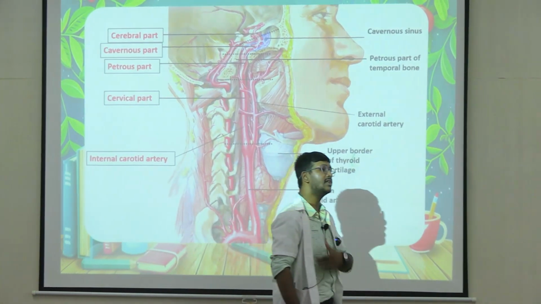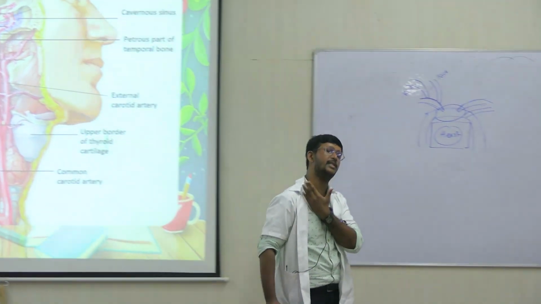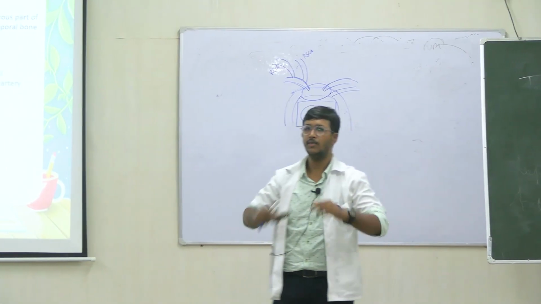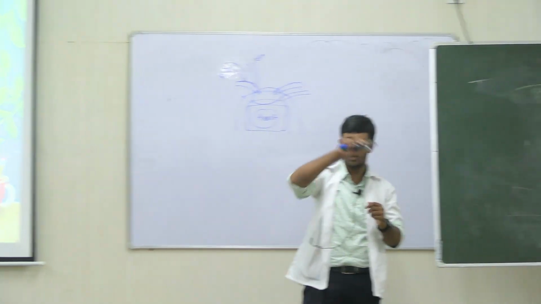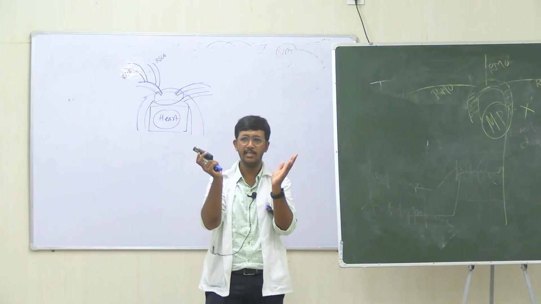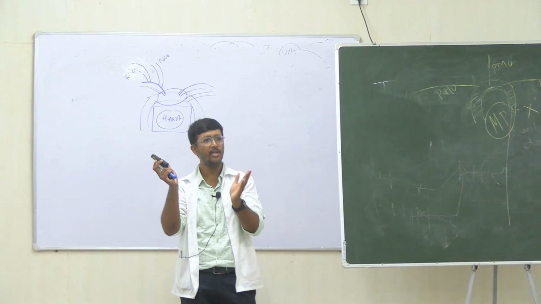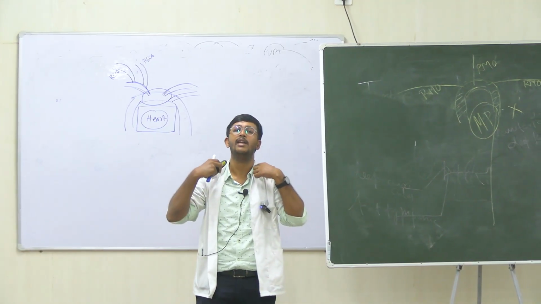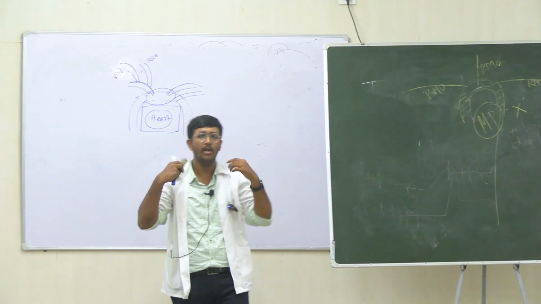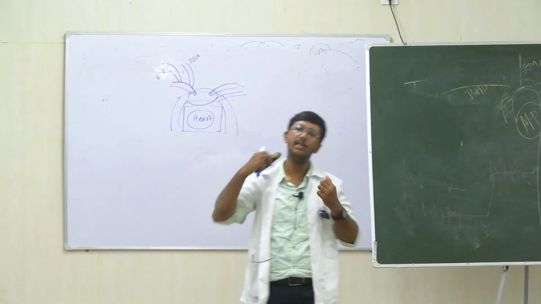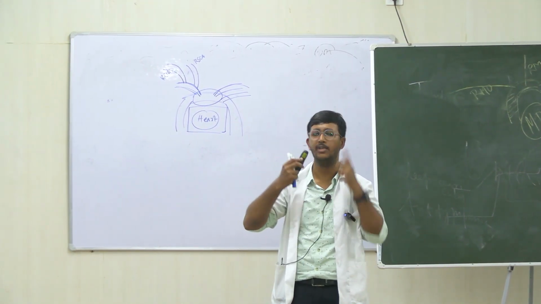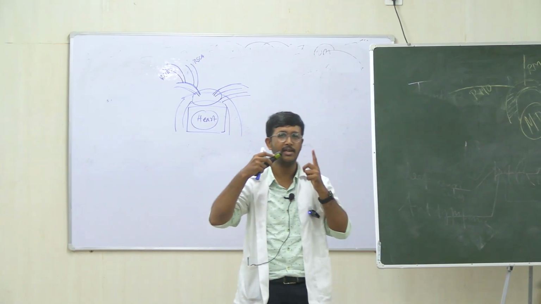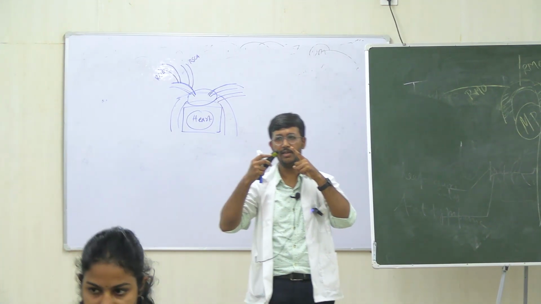A similar thing happens on your right side and on your left side. So from the arch of aorta, two arteries arise, your right common carotid artery and your left common carotid artery, going upwards to the neck, and in the neck dividing into the right and left external carotid arteries, and the right and left internal carotid arteries.